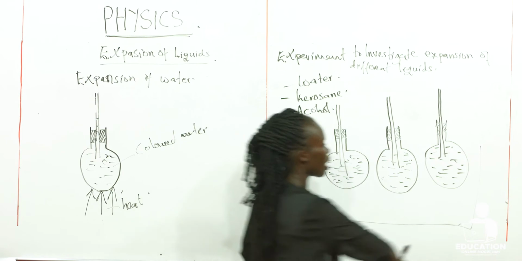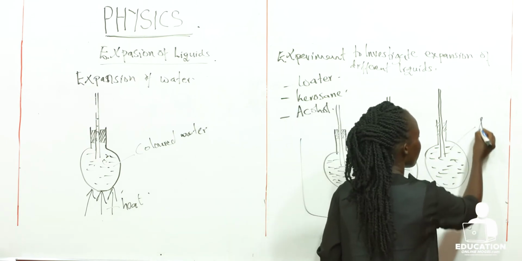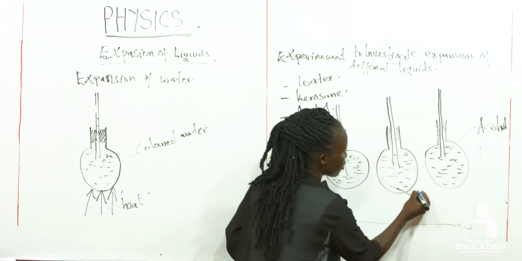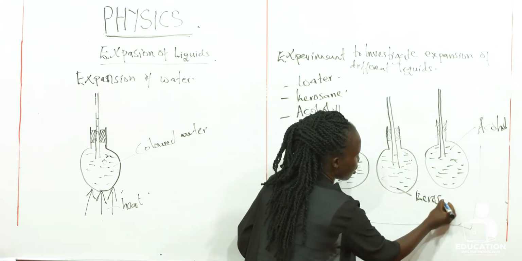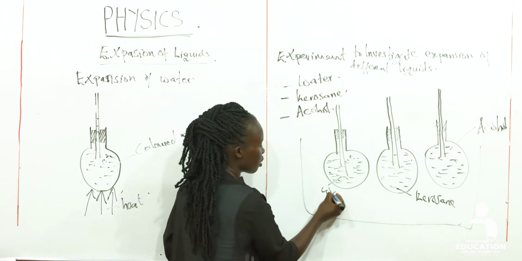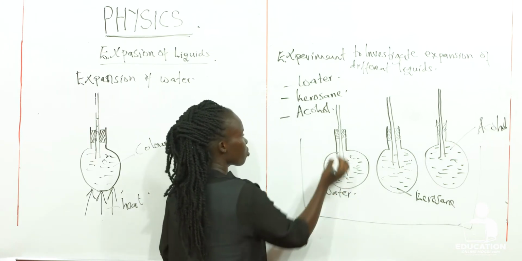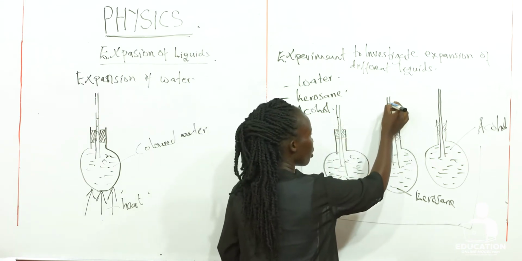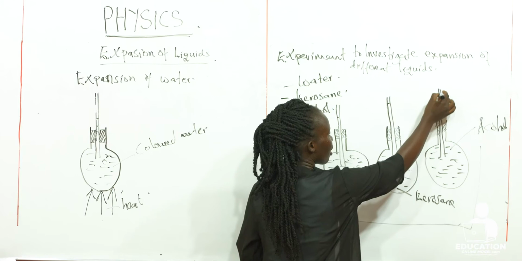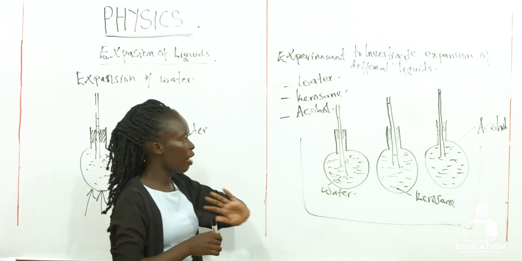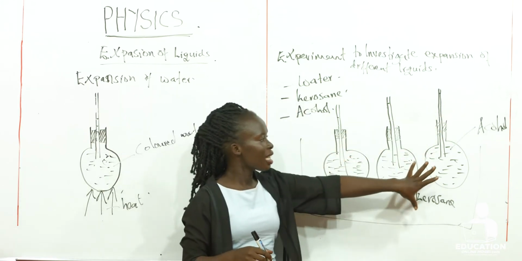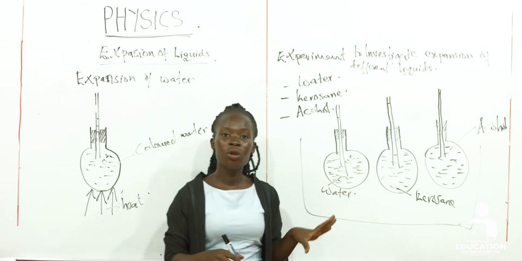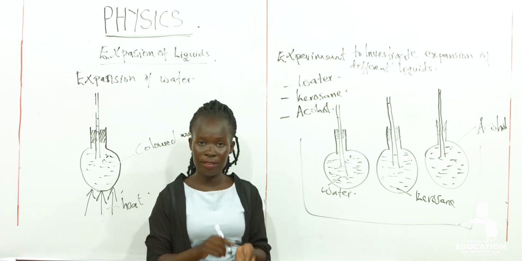So you'll see that this is our alcohol, we have our kerosene, and then we have the water. Water will rise to a level somewhere probably here, then kerosene, and then the alcohol will be higher there, meaning that these three, given the same temperature, are going to expand at different rates.